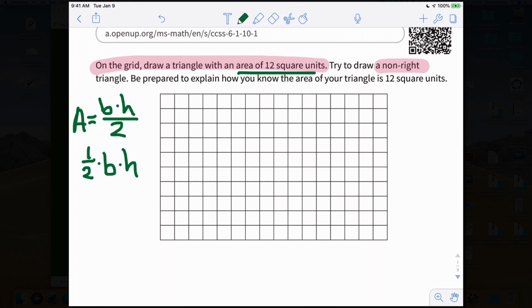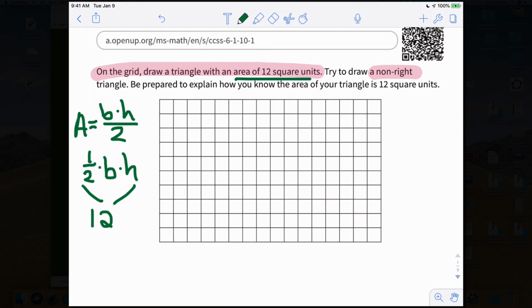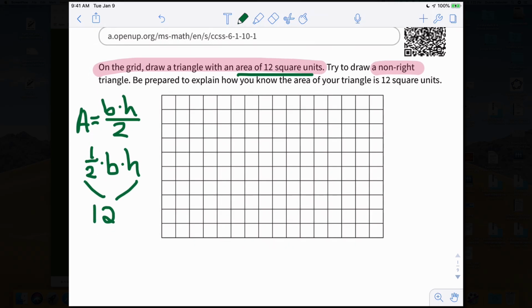If we want that answer to equal 12, we need base times height and then divide by 2 to get 12. So we know we need our base times height to equal 24. So an example would be a height of 4 and a base of 6.